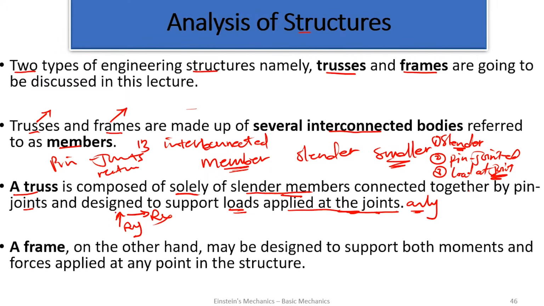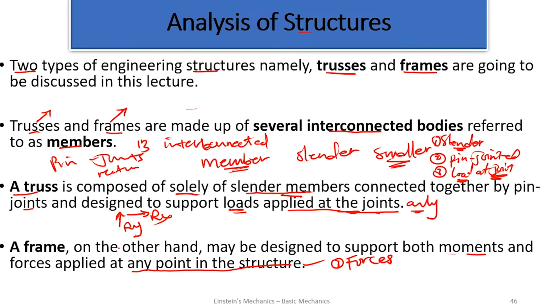These three things will help you identify a truss. What about a frame? A frame, on the other hand, may be designed to support both moments and forces applied at any point. Check this, any point in the structure. So you see the difference. Remember, a truss is designed to support loads, which are forces, no moments.